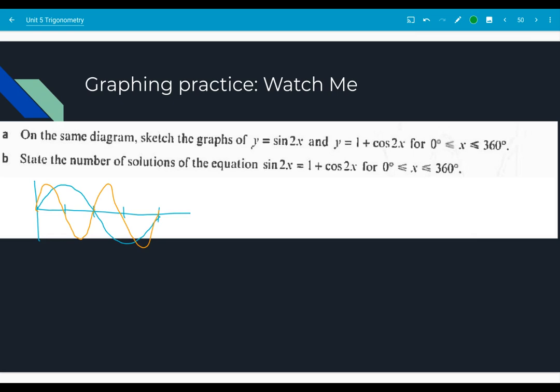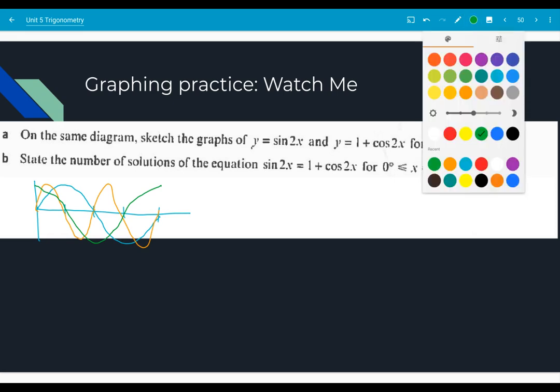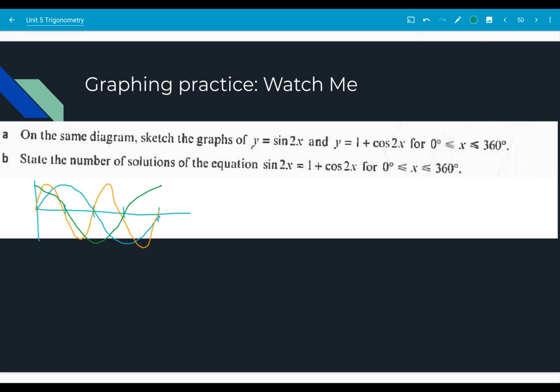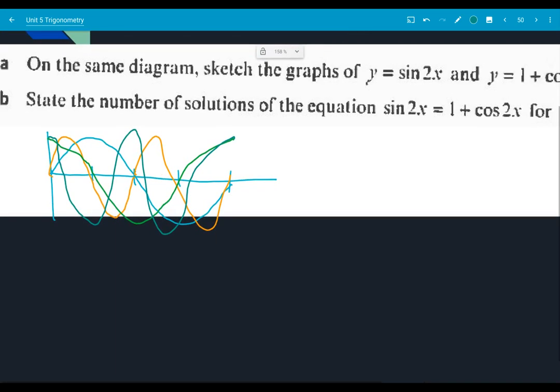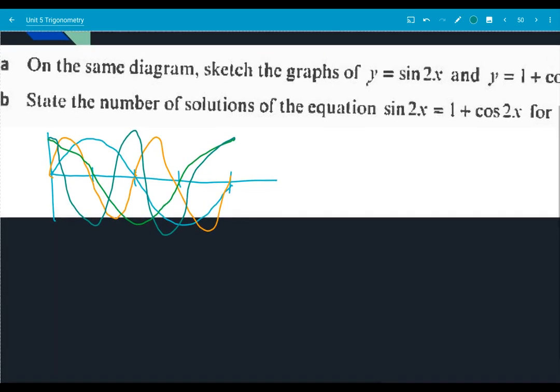So again, cosine's going to start here and go like that. But we're going to do it twice. And then we're going to shift it 1 up. So let's see which ones we don't need.